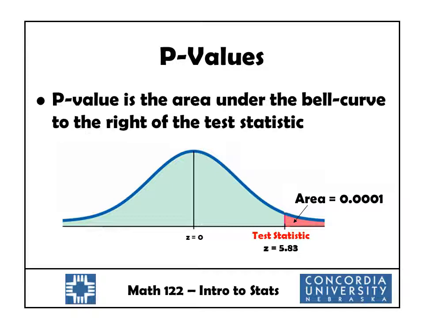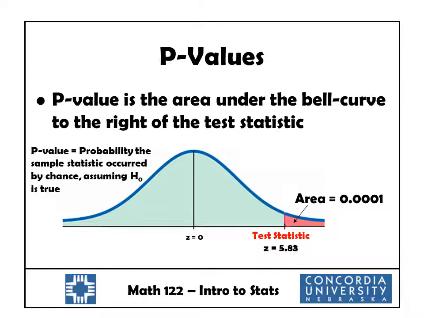Now this probability is given a special name. It's called a p-value. And in this case, the p-value is the area underneath the bell curve to the right of the test statistic. And again, the p-value is a probability. In this case, it's the area to the right of our test statistic.